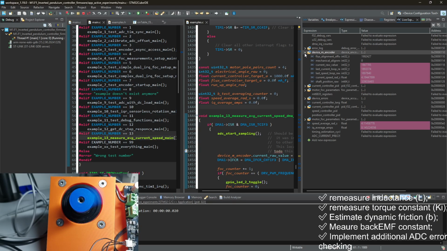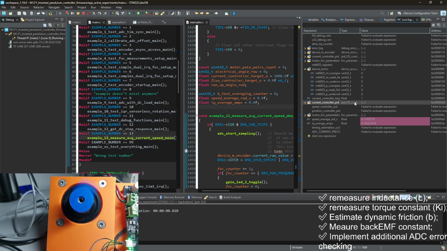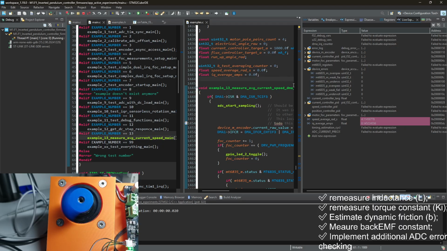Do we have errors? We don't. Curious. These values are wrong. If I ever saw wrong values. Let's do it again. What is this value?